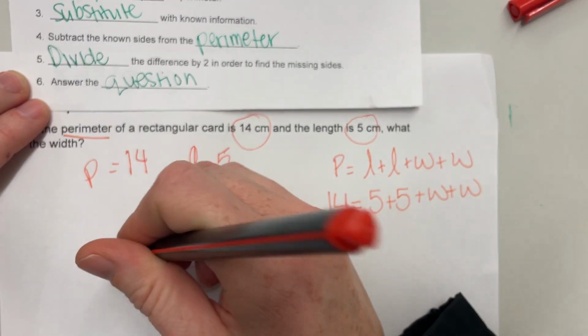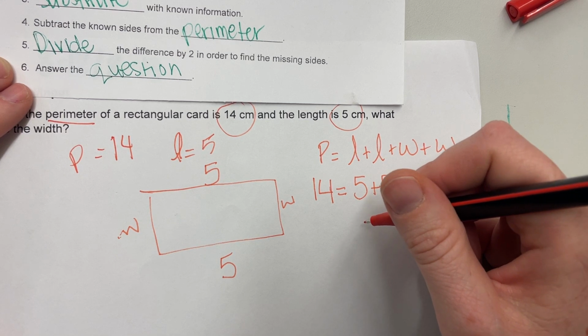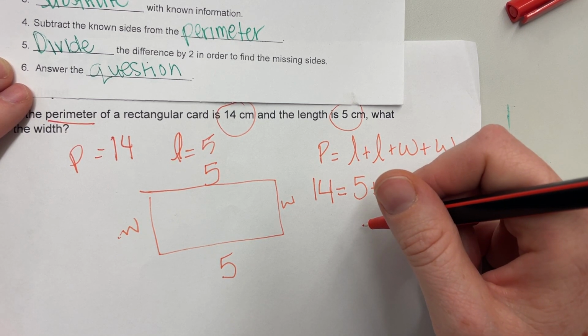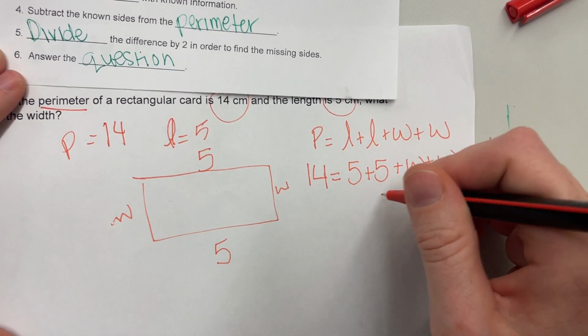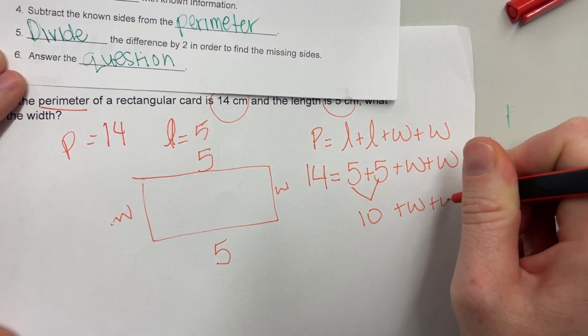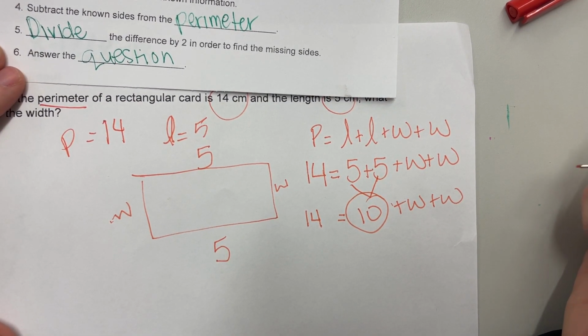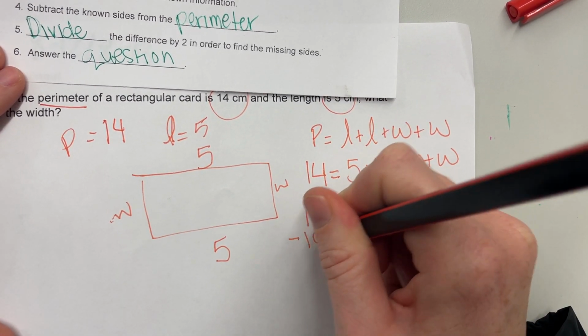These are my W's. Now I'm going to subtract the known sides from the perimeter. First I need to add them, so I have 10 plus W equals 14. I need to subtract that from the 14.